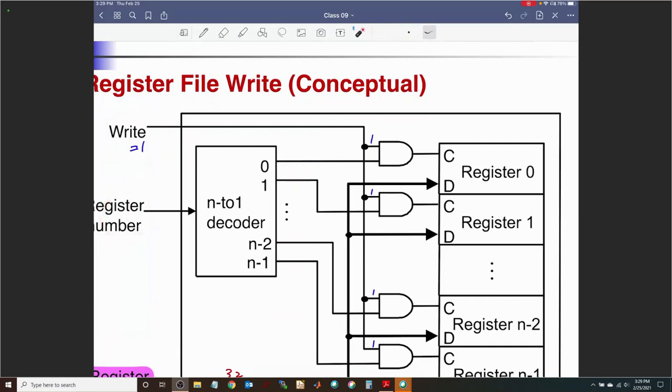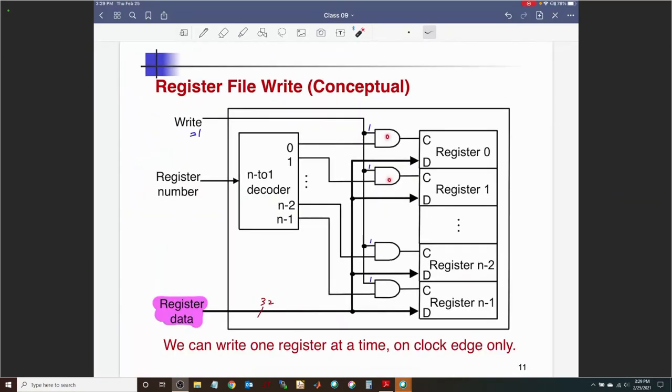And because only one output is being active, you are essentially going to select only one out of these 32 AND gates to give you an active output. That way, you write only to one of those 32 registers. The data goes to all of them, the 32-bit data.